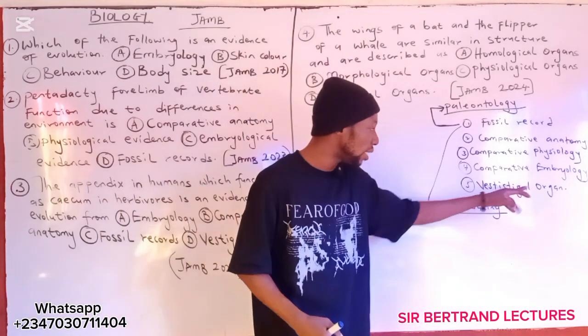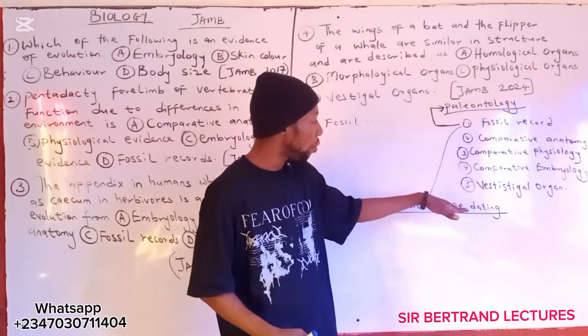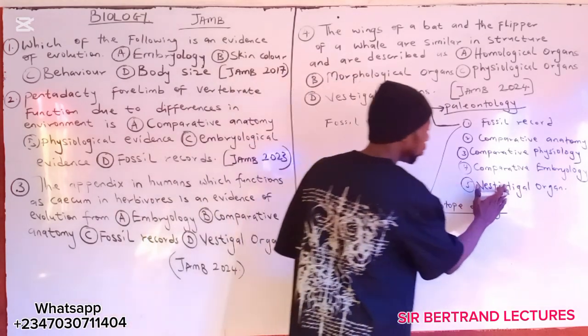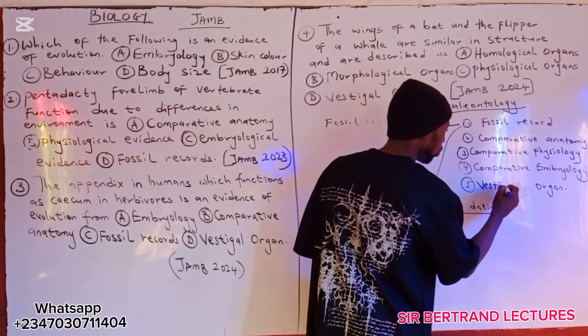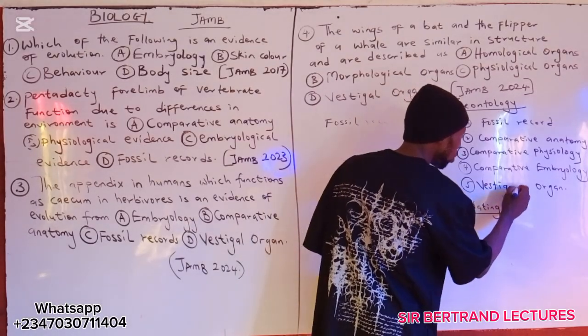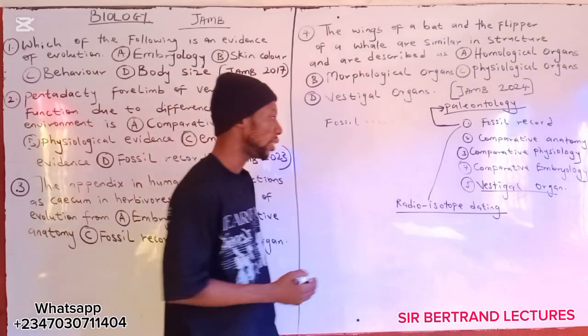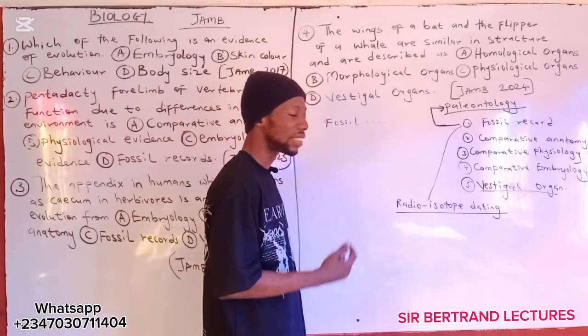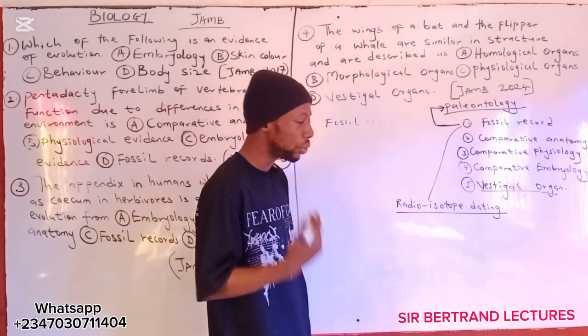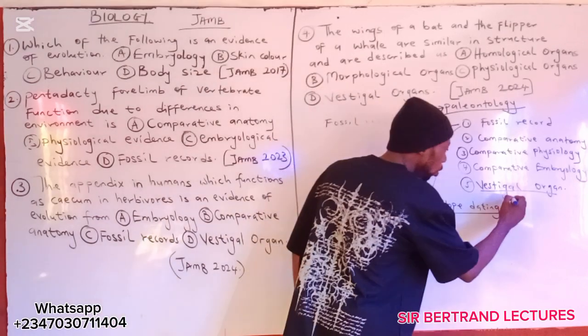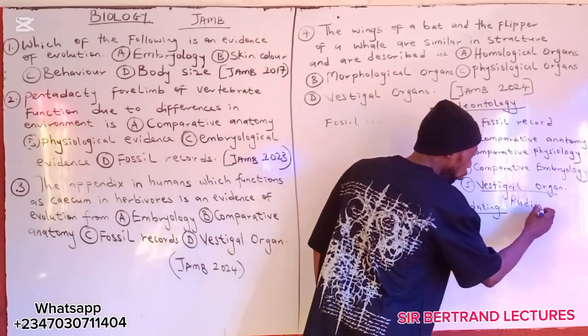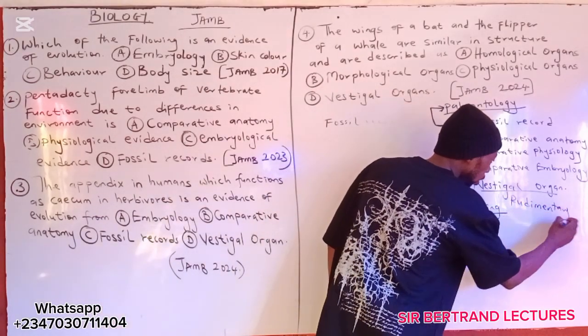Then the vestigial organ here as one of the evidence of evolution. This is vestigial. There is an error in the spelling here. Vestigial organs are organs that are not functioning, all right? They are described as functionless or useless organs. You can call it rudimentary organ, okay?